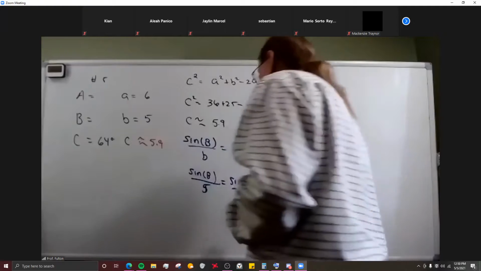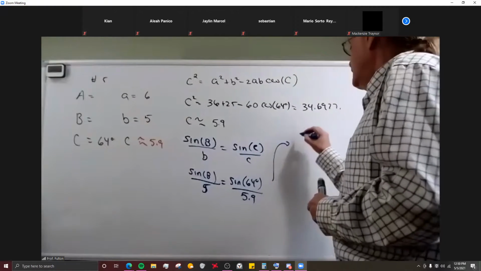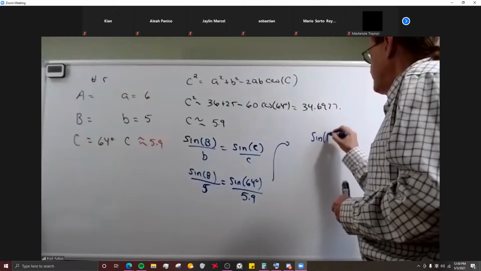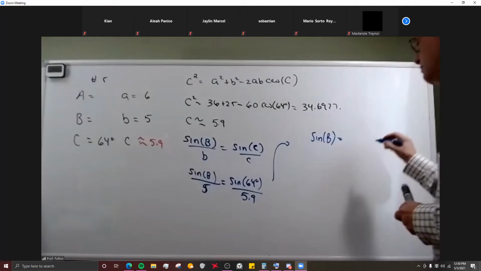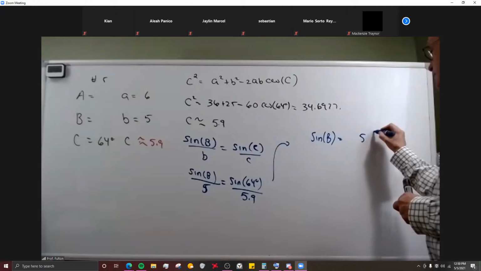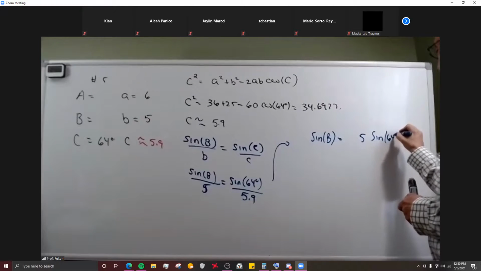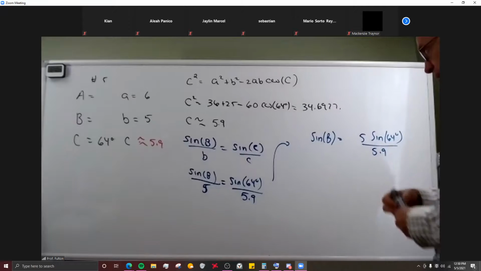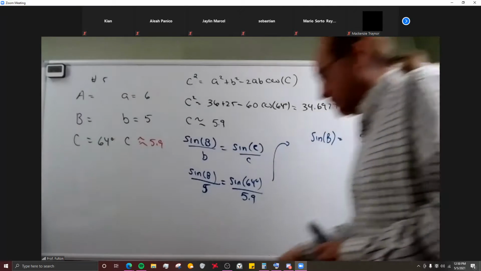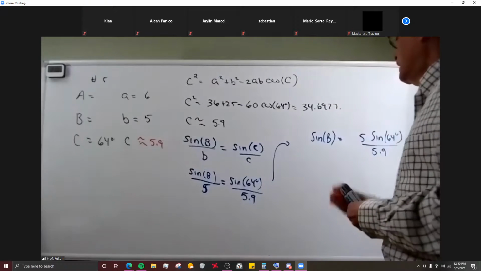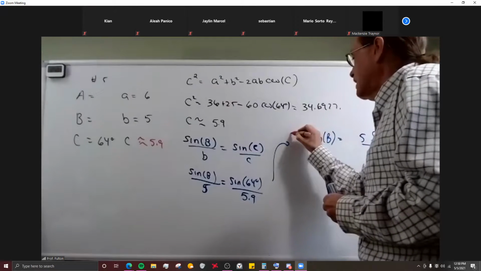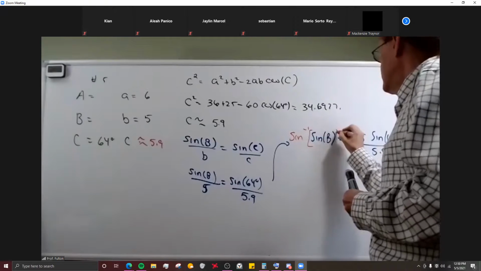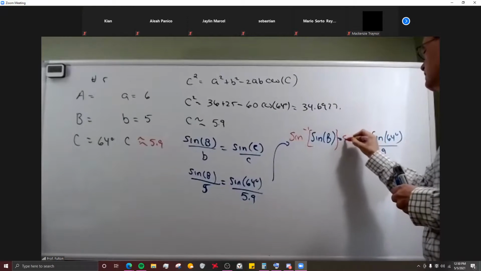So I just multiply by 5 and bring this over, and I have the sine of angle B is equal to 5 times the sine of 64 degrees all over 5.9. And what do I have to do? I have to take the inverse to cancel out that sine. It's not the reciprocal, it's not the cosecant, it's the inverse function. I do that to both sides.